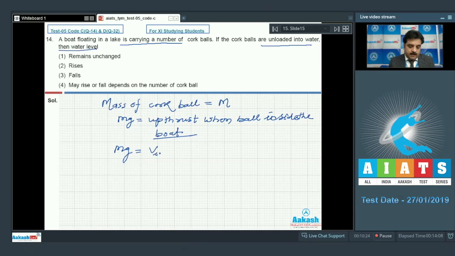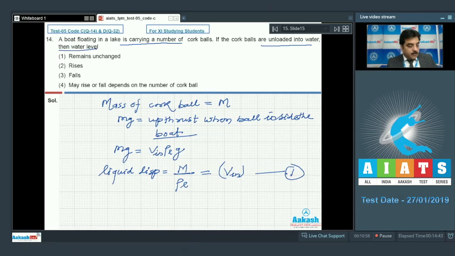Which volume do we have to take? The dipped volume and the density of the liquid into g. Now, the liquid displaced, the mass of liquid displaced, is given by the density of the liquid. I can solve it by this, and this is the liquid displaced. And this is my observation number 1.